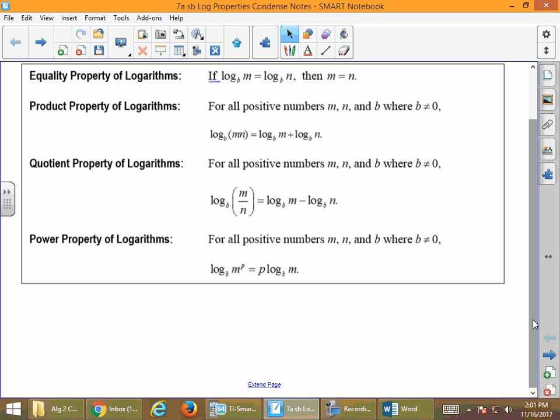We can move the p from the exponent position out in front of the logarithm. And again, as we work through our examples in a few minutes, that's the one that we always want to look for first. Do we have a coefficient when we're working with these?